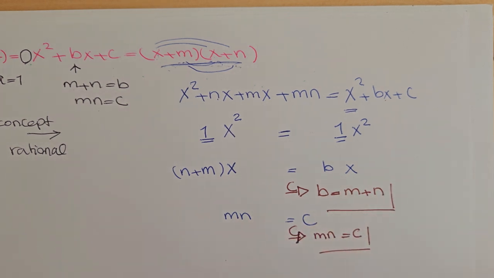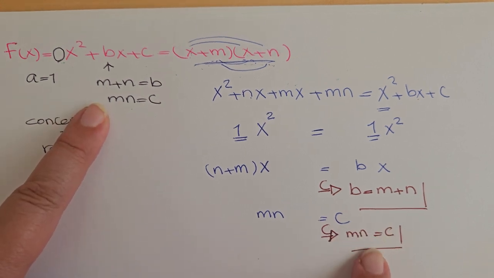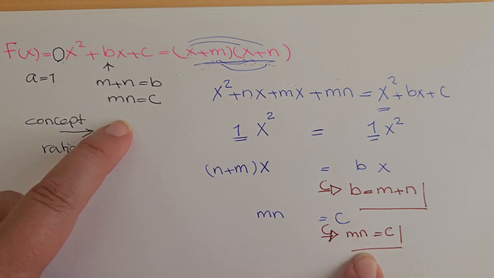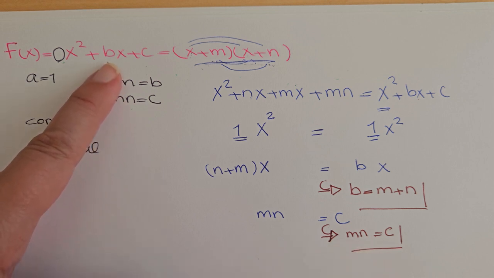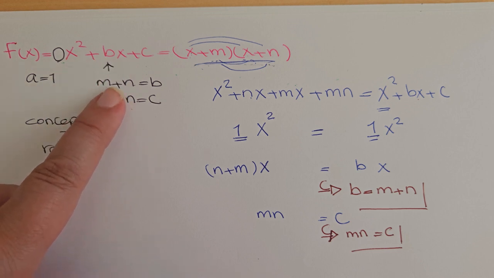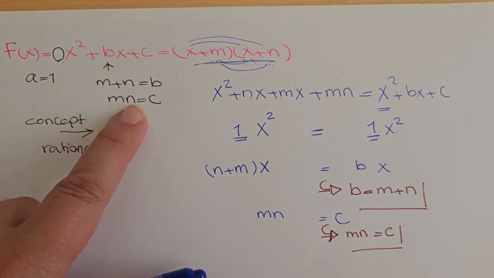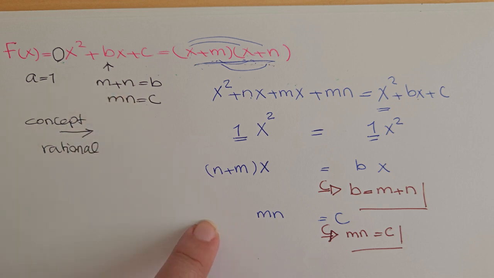Okay, and now you can compare this with this one. And from here, you could realize how we came to the conclusion that the coefficient of x must be the sum of the two unknown parameters, and the constant is the multiplication or the product of the two unknown parameters.